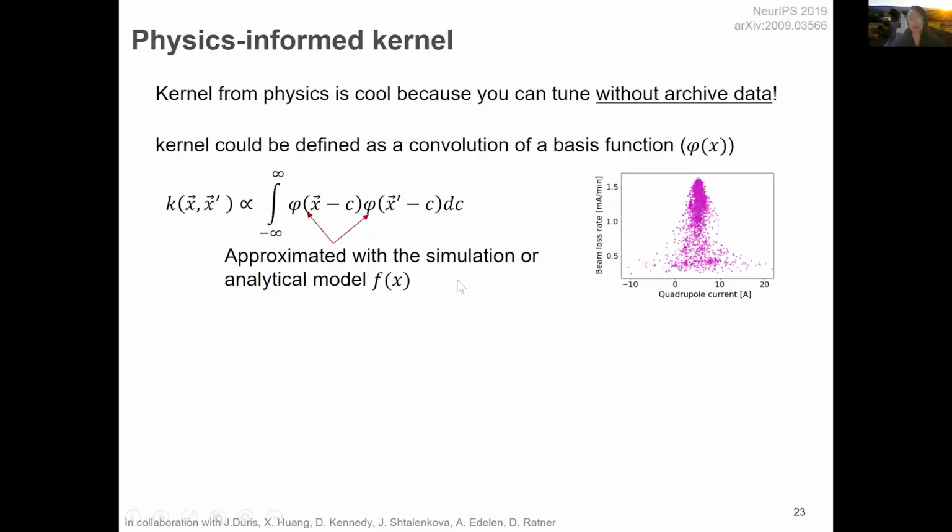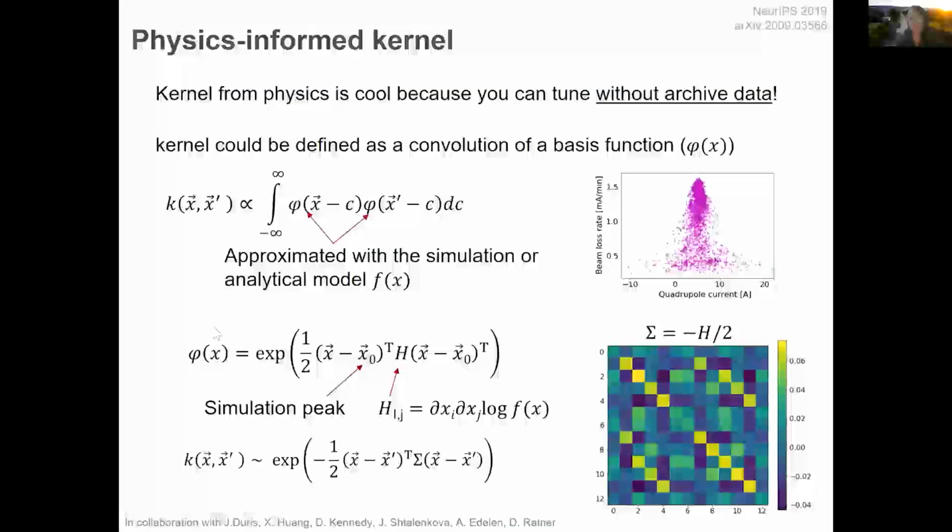So the way we did it is we expand the simulation around the peak using a Taylor expansion. The gradient is 0 because it's around the peak, and then we are left with this expansion where x0 is the simulation peak and H is the Hessian around the peak.